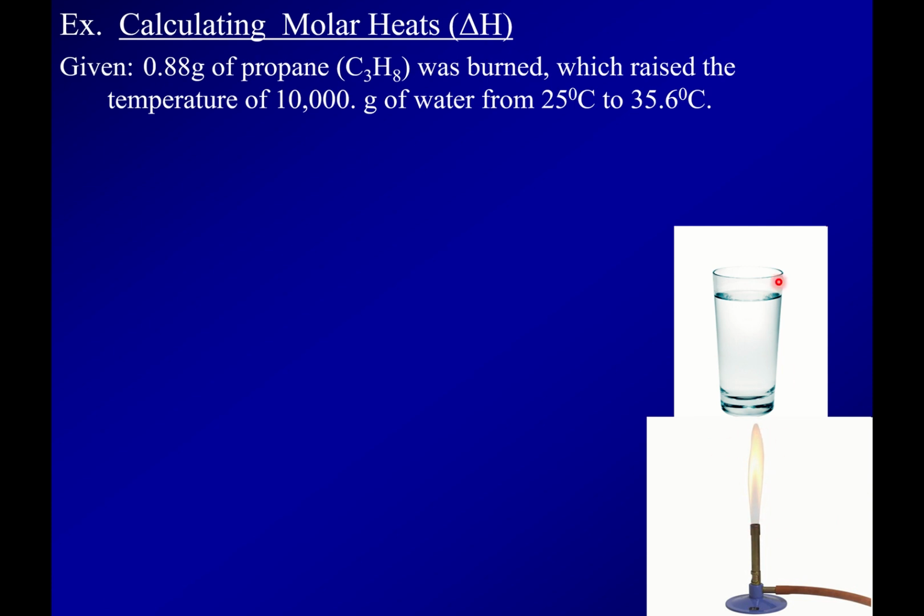Here's our burner, and we're collecting all the propane. Now, obviously, we wouldn't use a glass, but we would use a calorimeter. And remember, the deal with calorimetry is heat given off by the reaction is absorbed by the water.